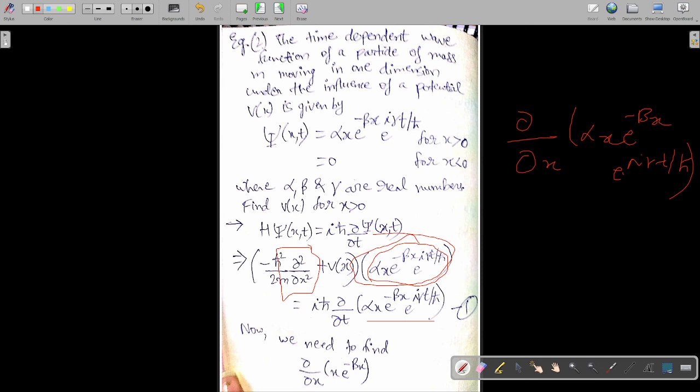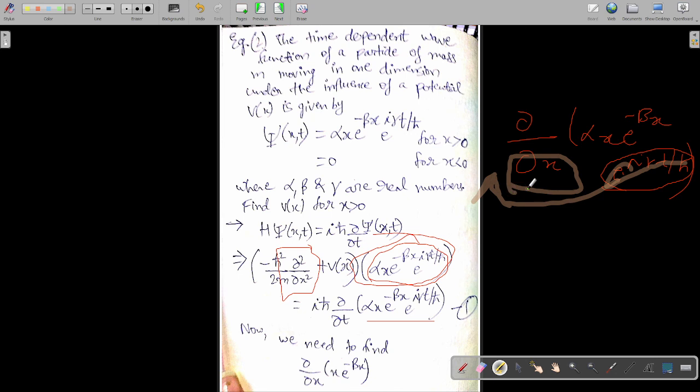Clearly you can see one thing over here, that it is del by del x, right? So this term is purely a function of t only. As it is purely a function of t, it can be put out of the differential sign, because it is partial differentiation, not full differentiation.